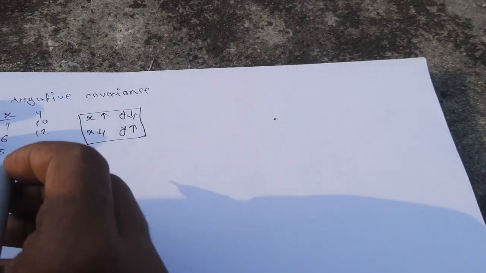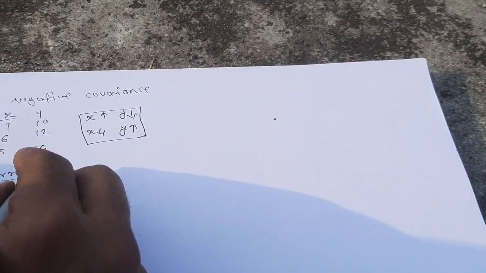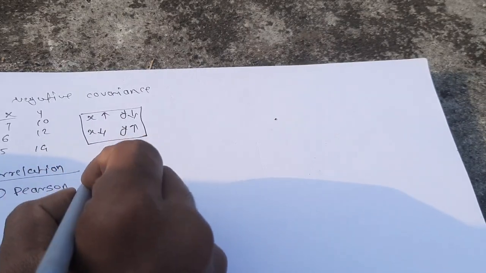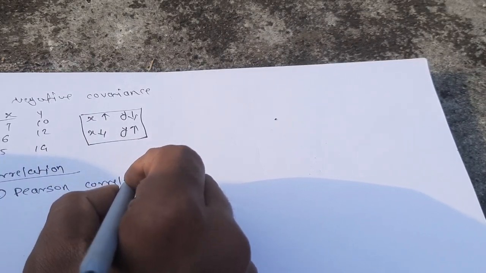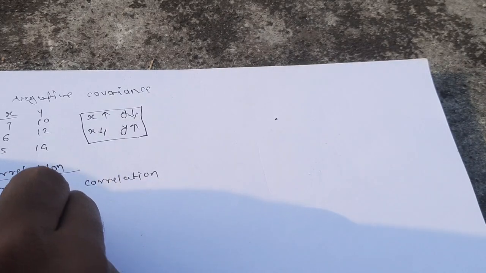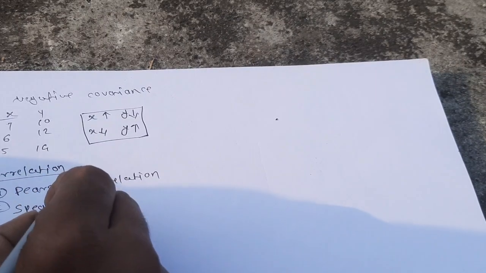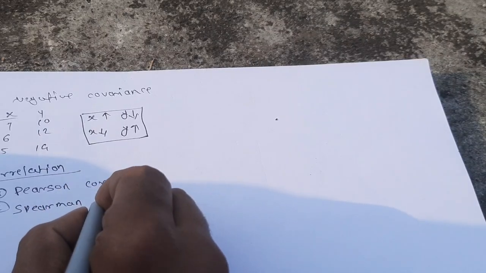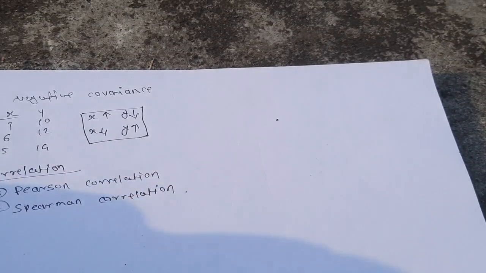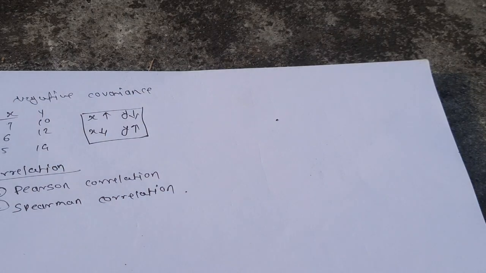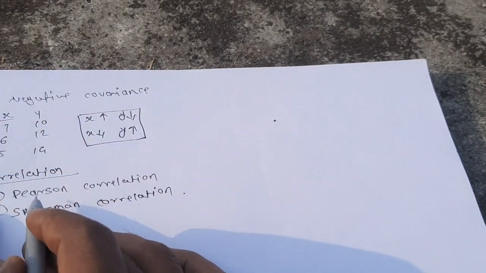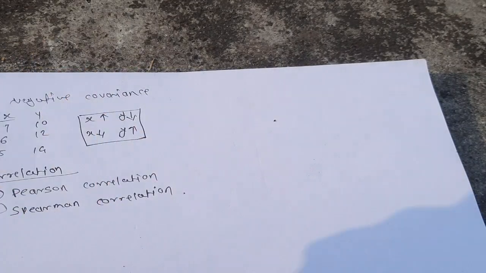There are two types of correlation between the x-axis and y-axis: the Pearson correlation and the Spearman correlation. We saw covariance; now see the correlations between x and y.